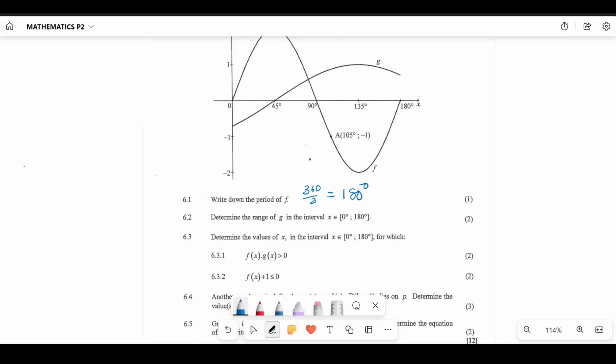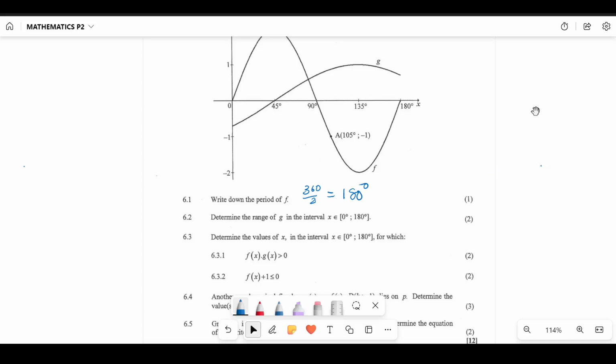So the minimum is still negative 1 and the maximum is 1. So the range here in this interval is from here until the maximum point. The maximum point we know is 1, but the minimum point we are not very sure. So you put x equal to 0 in the function to get the y value.